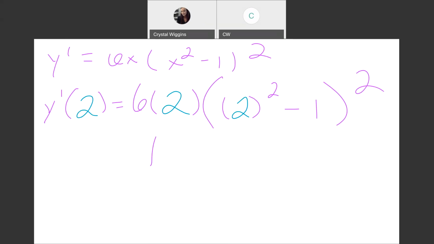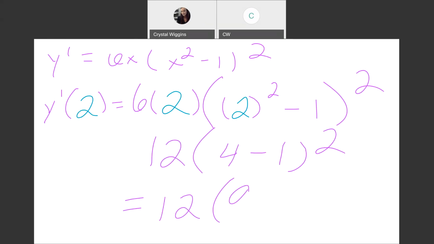So we have +12 times 4 minus 1 squared. So we have +12 times +9, which is going to be positive. So after +1, we are positive, so we are still increasing.